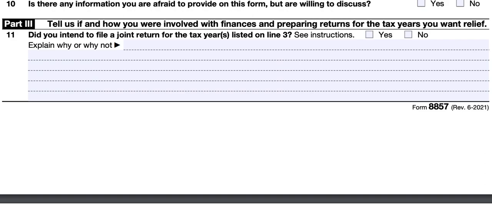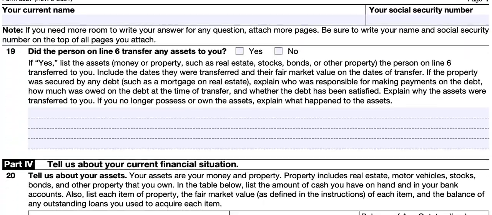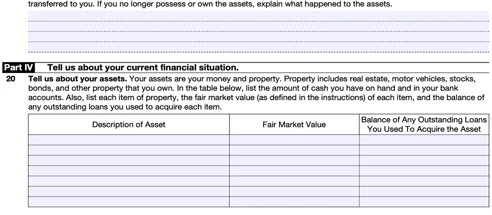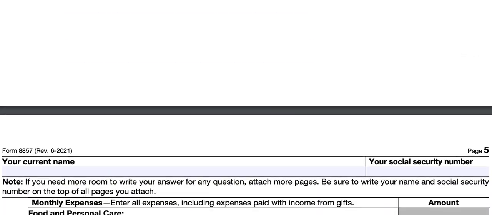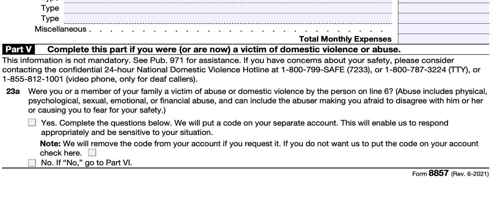Basically, the IRS wants to understand how involved you were with the specific finances. And then part 4, your current financial situation. Finally, part 5 is the part that you might complete if you have been a victim of domestic violence or domestic abuse.